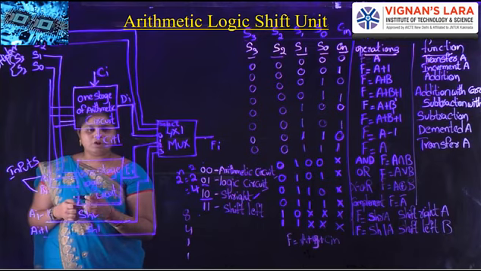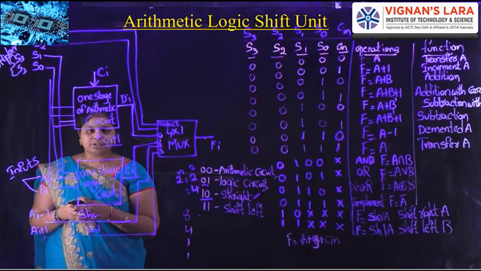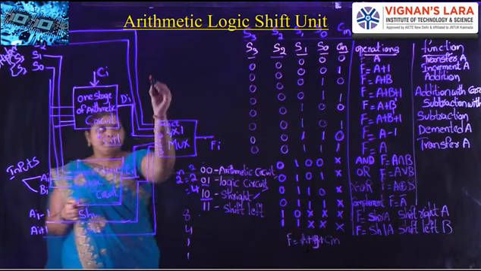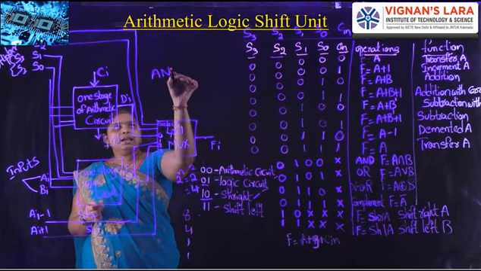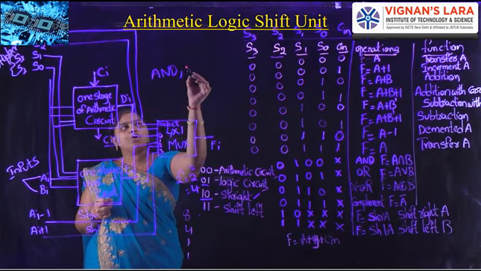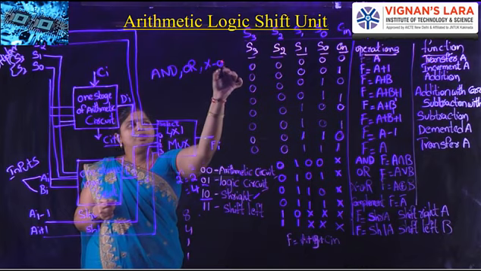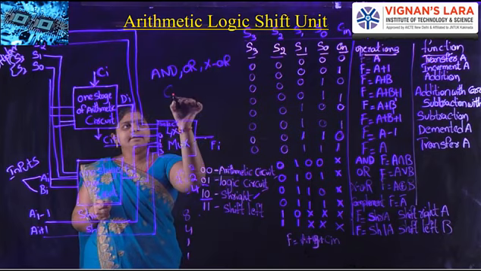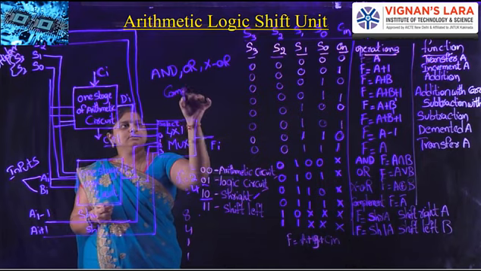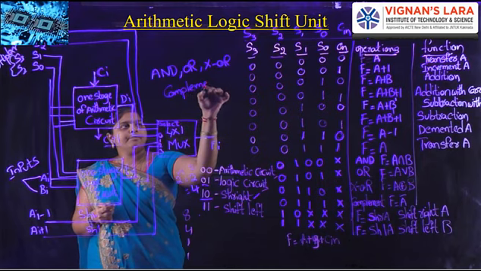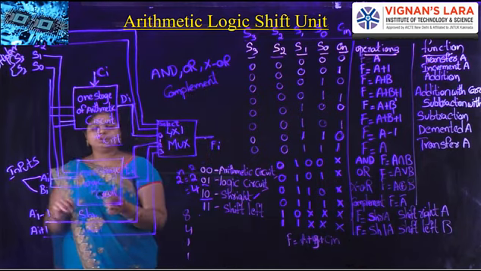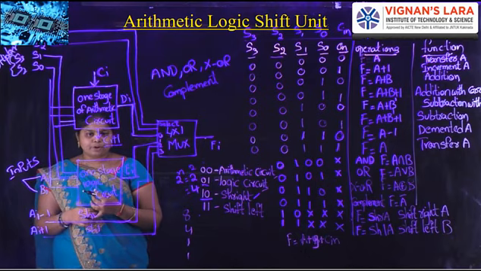In logical micro operations, we can perform 4 operations mainly: AND, OR, exclusive OR and complement. Here there is no need of carry for the logical micro operation.